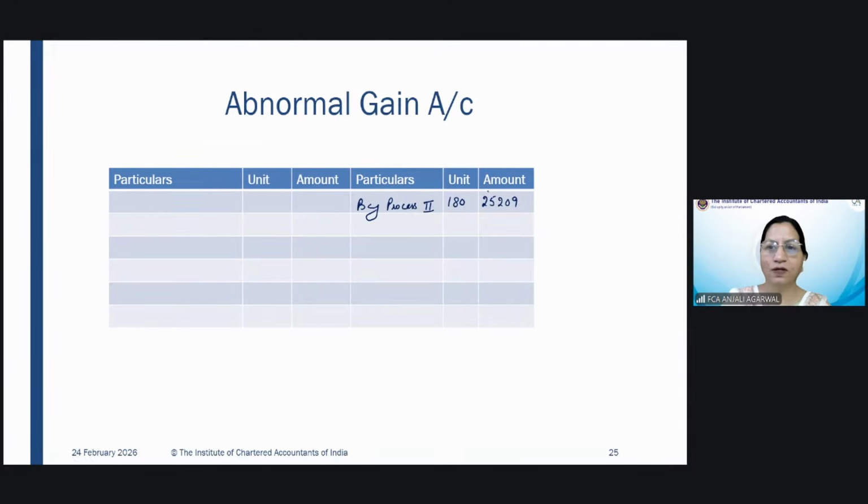This should move to the costing P&L account. Okay, no problem. I hope it is clear. Just type in the chat window. So you have the abnormal gain account, where you are getting from process 2 180 units, and these 180 units are giving you a profit of 25,209.